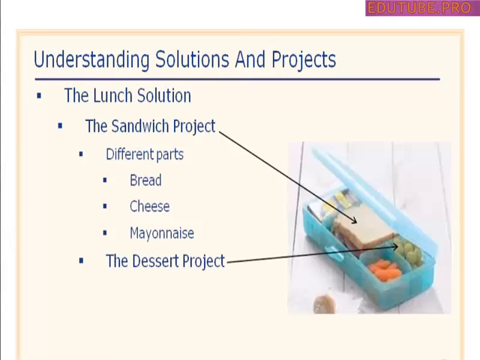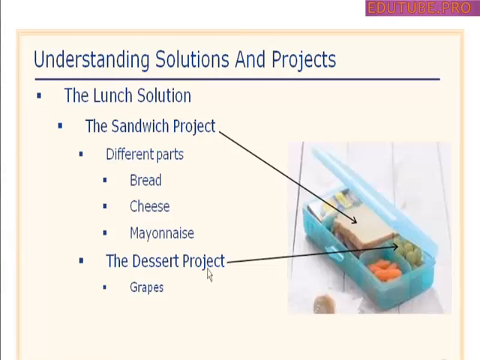Then we have another project in our solution, and this is the dessert project. It contains grapes, and if you really want to get technical, it contains the stems that those grapes are on, and maybe some sugar or whatever it is you like on grapes. But you can see that we have two different projects: the dessert project right here and the sandwich project here.